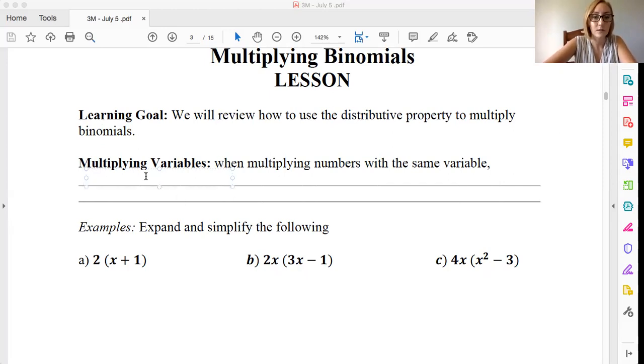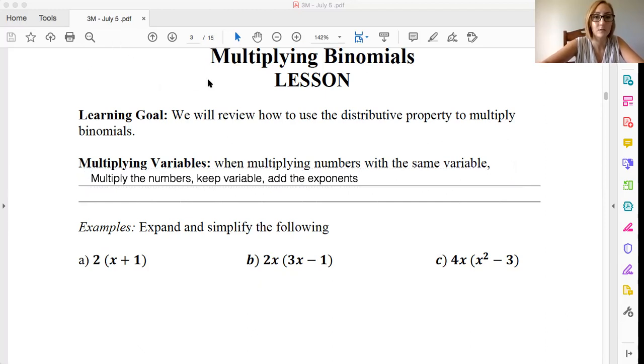You multiply the numbers, also known as the coefficients, keep the variable, and add the exponents. Keep in mind that you do have the exact same note, so you should be writing the exact same thing. Now, we're going to look at a few examples.